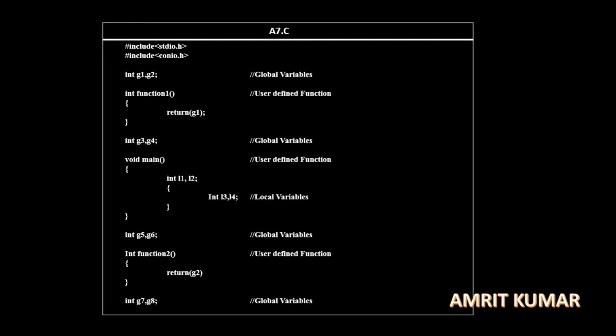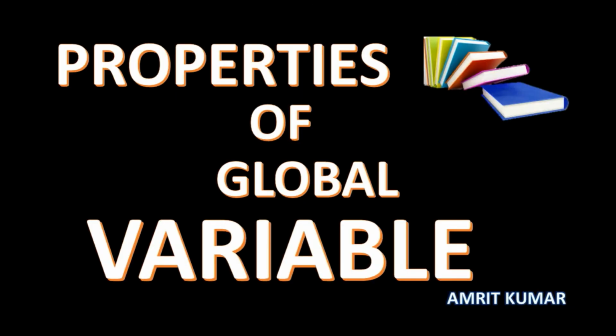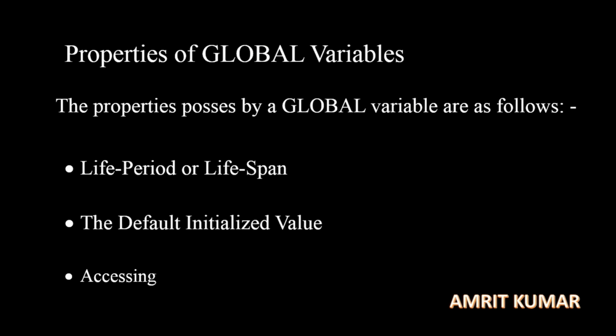Moving on to the properties of the global variable, which is really going to help you. The properties possessed by a global variable are as follows: life period or lifespan, the default initialized value, and accessing, that is, how we can access a global variable.